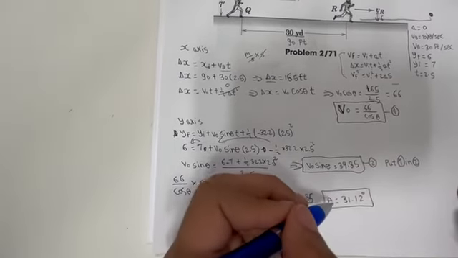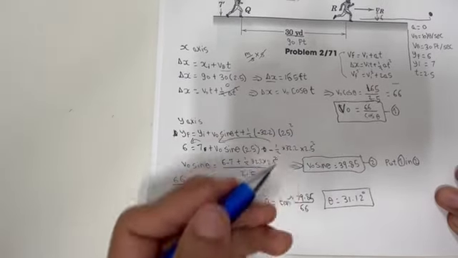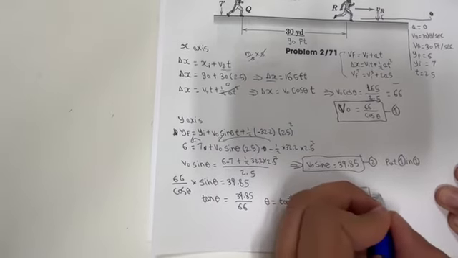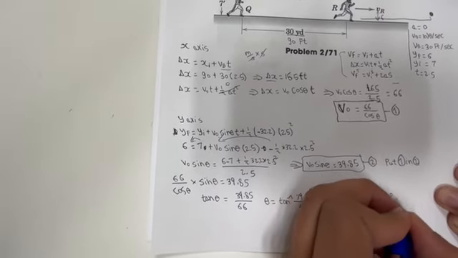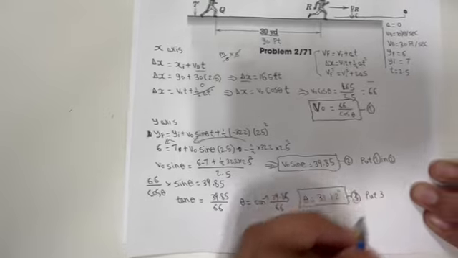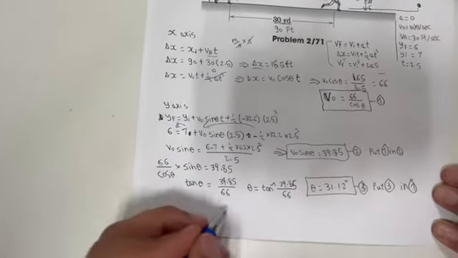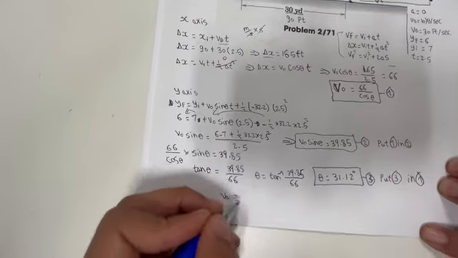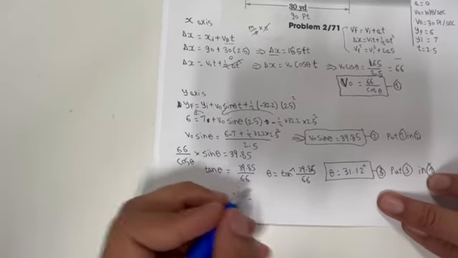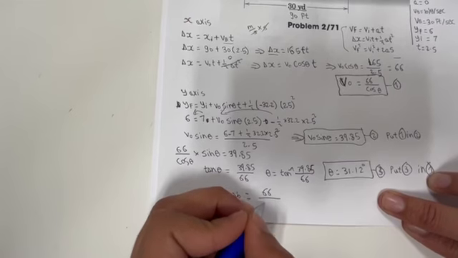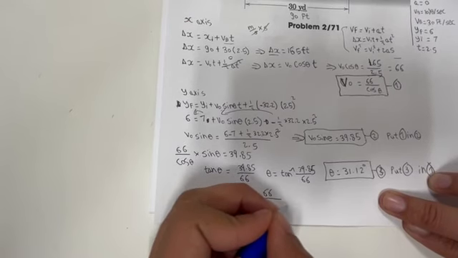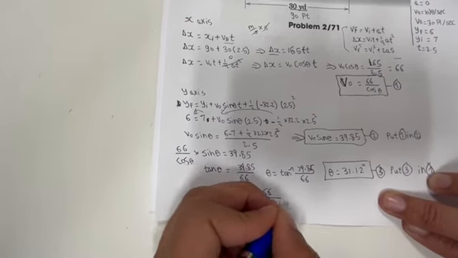It's really easy to get v naught also. From equation 1, v naught equals 66 over cosine 31.12.